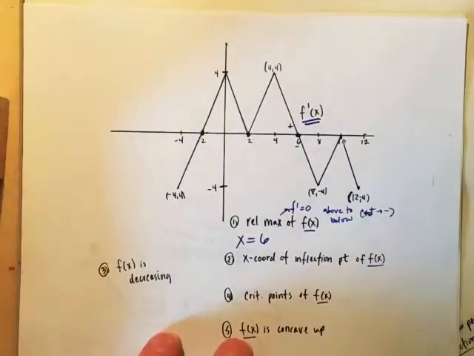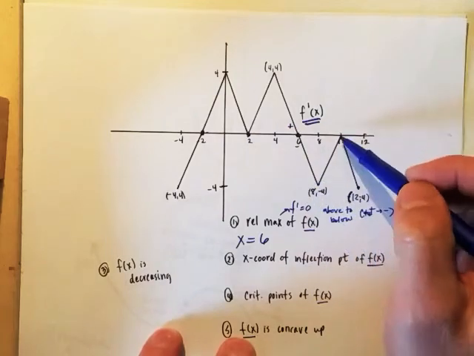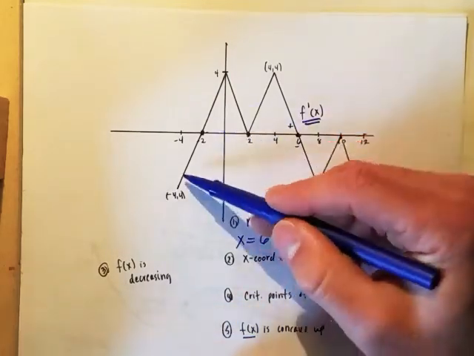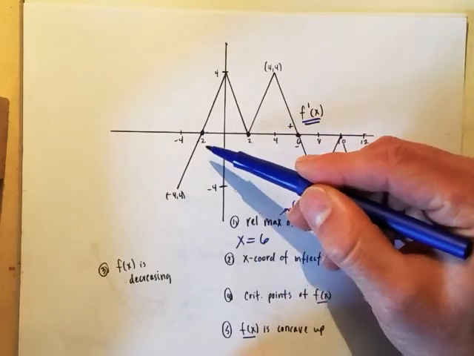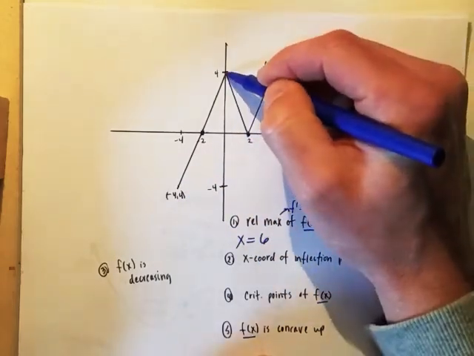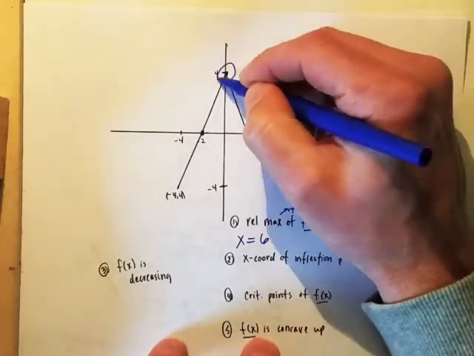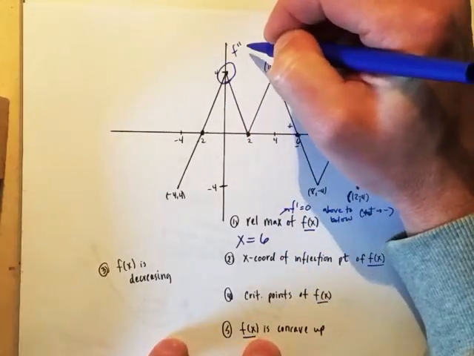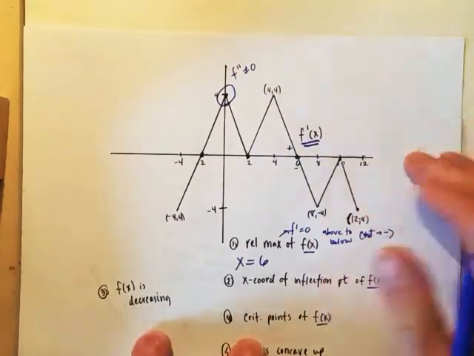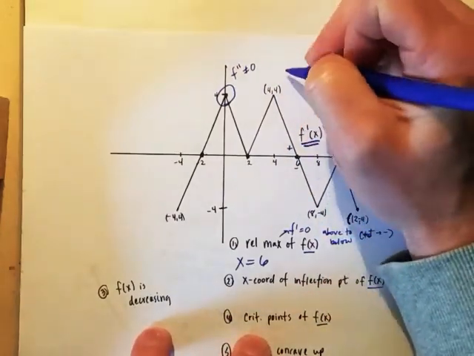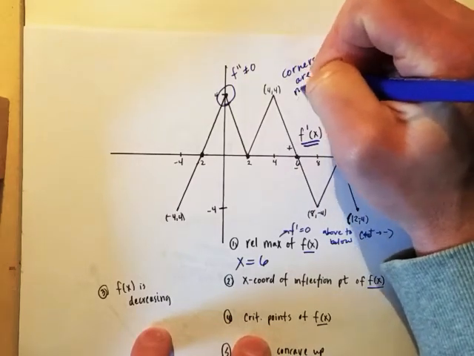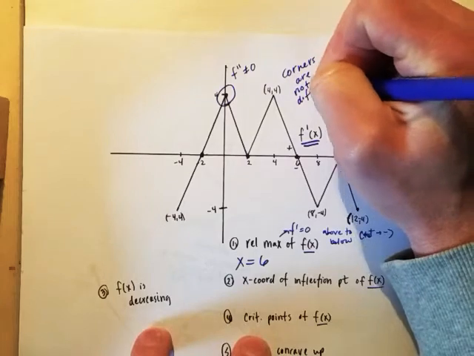Even though there are maxes and mins on here, and we might think those are inflection points where it changes concavity, going from increasing, which is concave up, to decreasing, which is concave down, the problem is that their double prime value can't be differentiated. It's not equal to 0. All of these are corners, and corners are not differentiable.